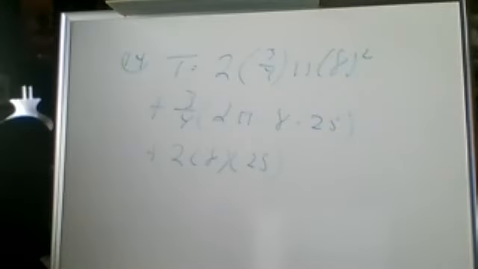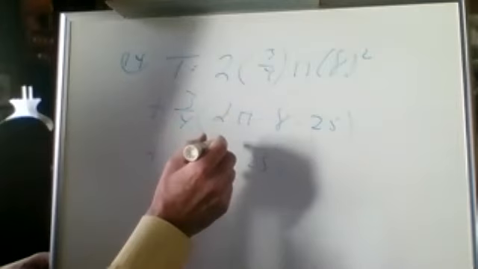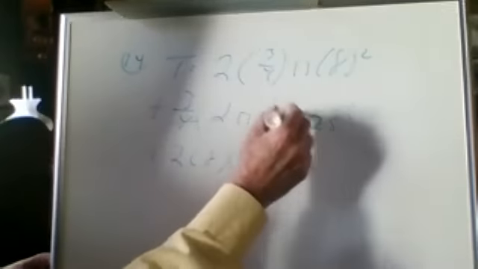So we have 2 times 3/4 of pi r squared plus 3/4 of 2 pi r h plus 2 times base times height. Let's do some simplifying. 4 goes into 8 2 times.